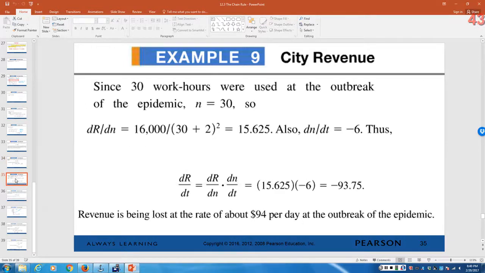And then since 30 work hours were used at the outbreak of the epidemic, that means n would be 30. So now that you've got the derivative, plug in your 30 hours for n into your derivative, and it tells you that the derivative's value is 15.625.